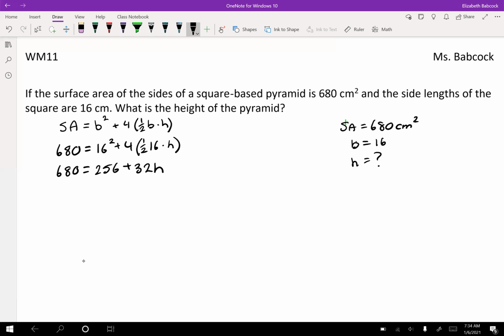Then we do our 680. We need to get rid of the one that is not attached to the letter, so minus 256 equals 32H.